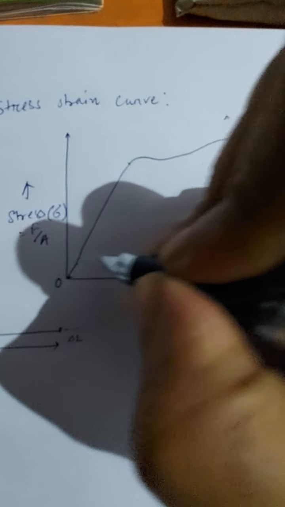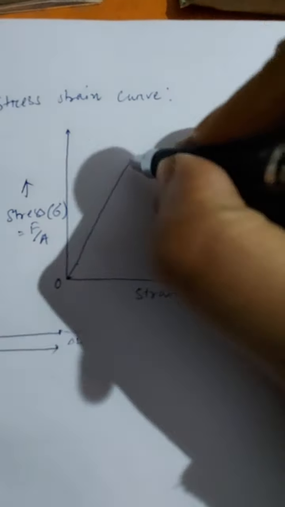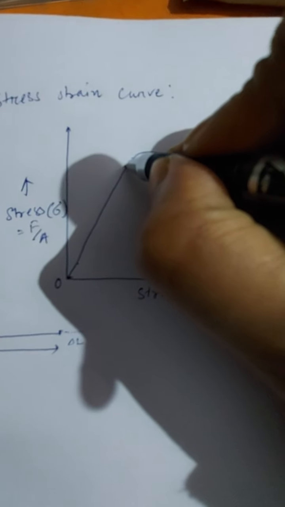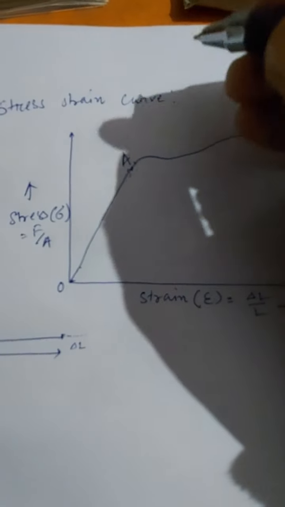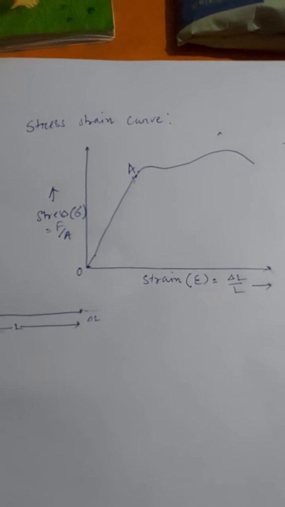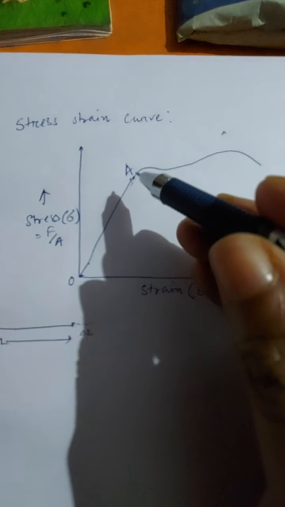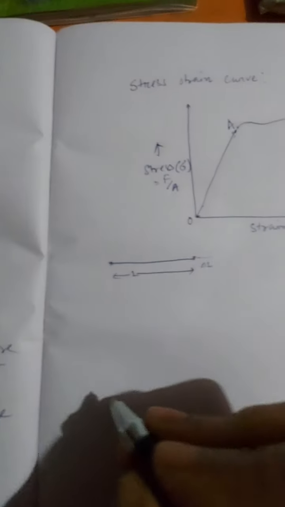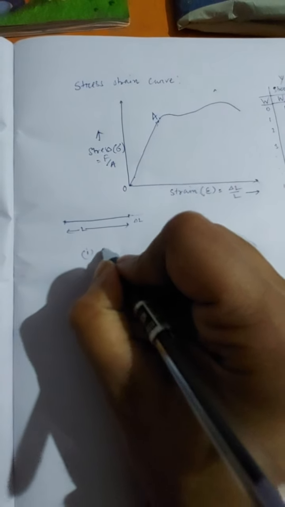The strain increases proportionally with stress till a particular point, say A. This is point A. In this region, OA is a straight line. So the first region is OA.